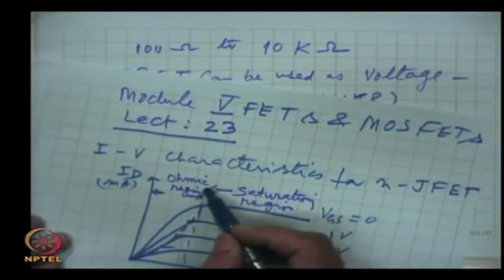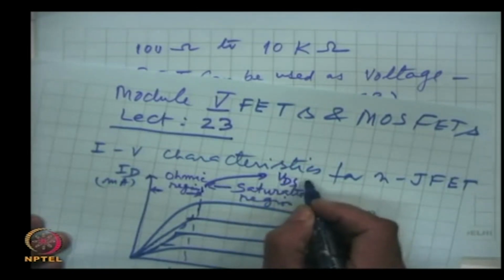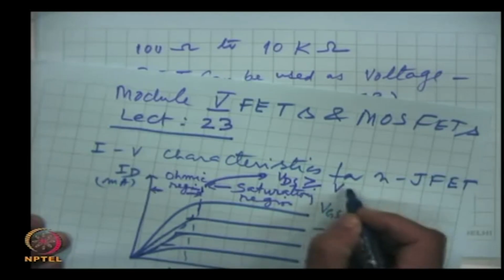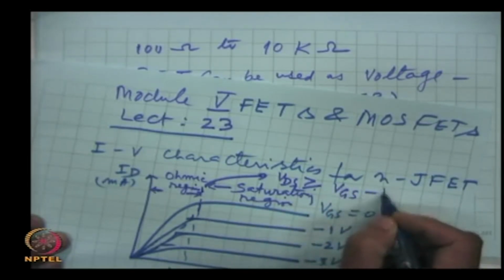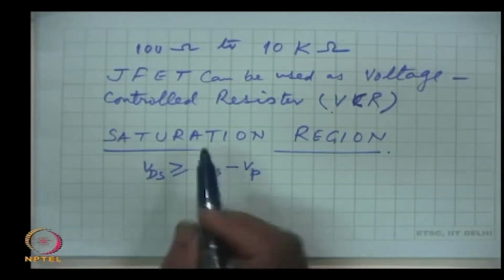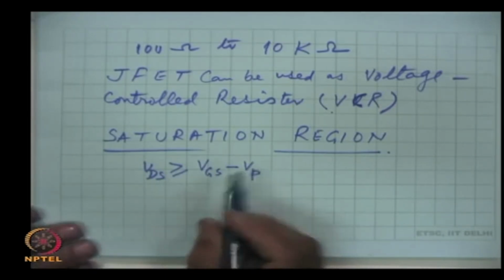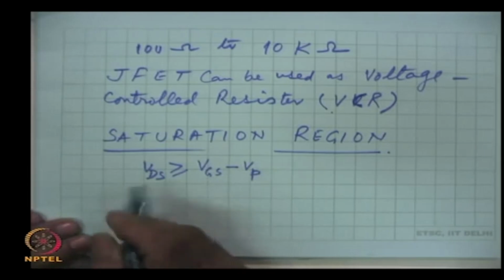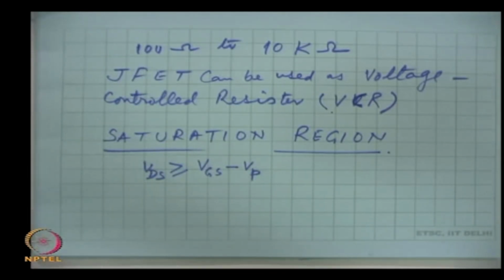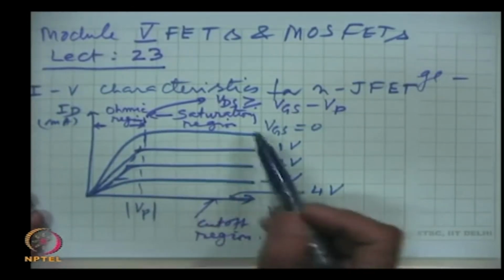So, this line here is at the point where VDS is greater than or equal to VGS minus VP. This is what I have written here: the saturation region starts when VDS is equal to or greater than this value. In this region, the drain current ID depends entirely on the gate source voltage.